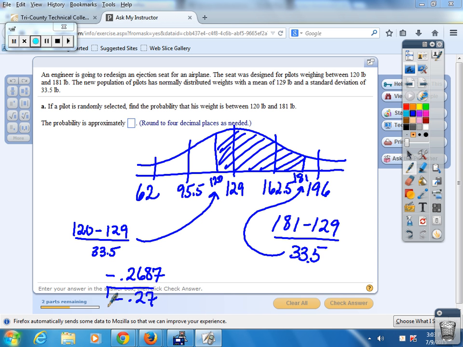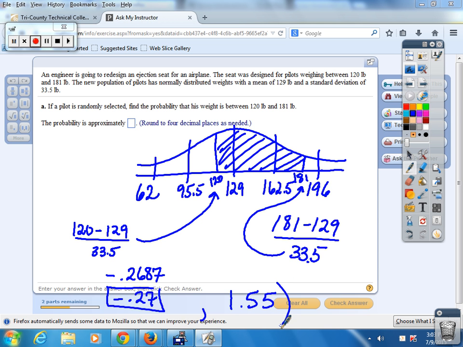Everybody get that? Okay, so this is what you're going to put in your normal CDF. And what's this one? You get 1.552. Yeah, 1.55, that's good enough.